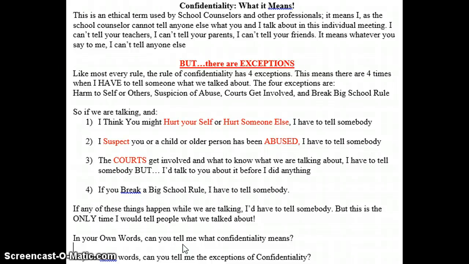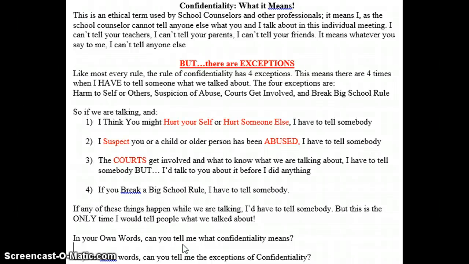You have to also give an example for number 2, if you suspect that the student or another child or an elderly person is being abused. And this is physical abuse, it's sexual abuse, it's emotional abuse. Give them an example of what they might say that might make you suspect that abuse was occurring, okay?